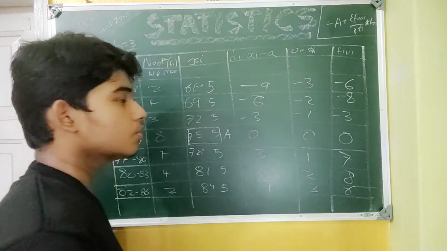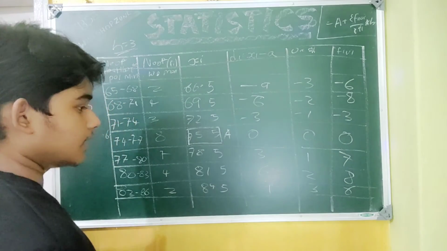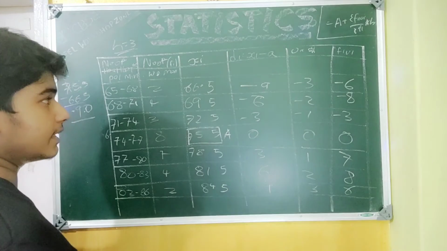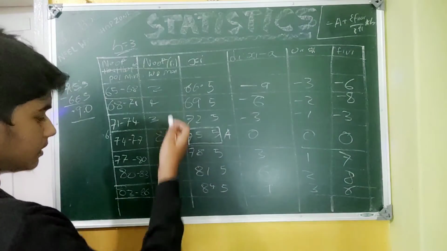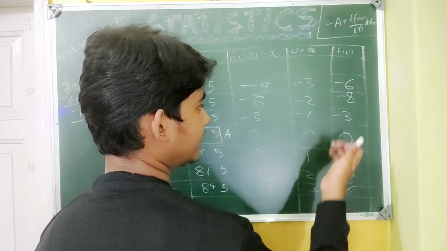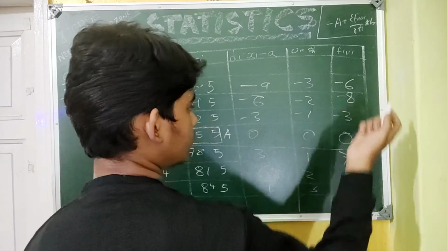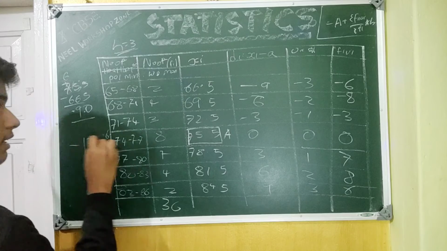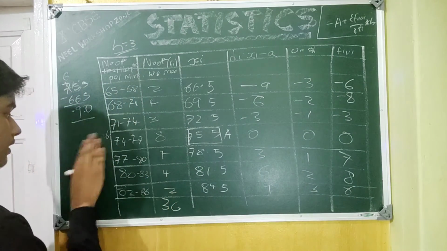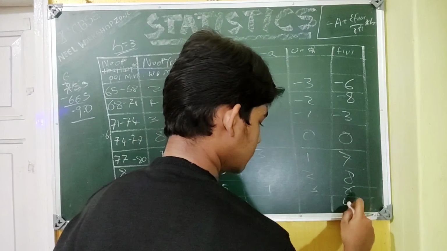That is basically the value of the mean. Let's plug them all into the formula and we'll get the answer. First let's add this up. The total of fi is 30 as seen in the question, and for fiui, the total of the negatives will be minus 6 minus 8 minus 3, which is minus 17. Next, 7 plus 8 is 15, plus 6 is 21. 21 minus 17, so the answer is 4.